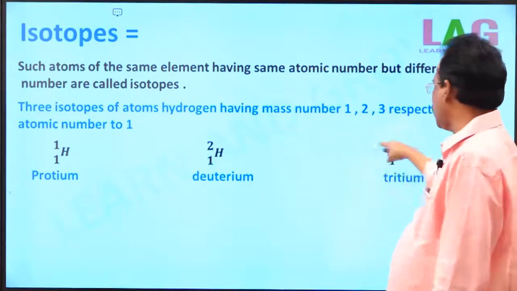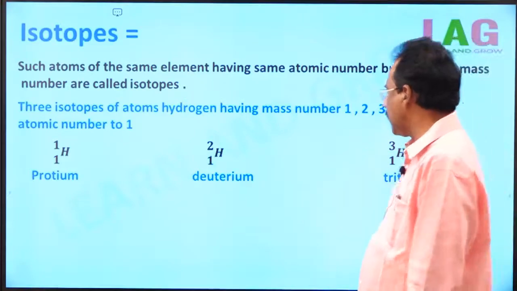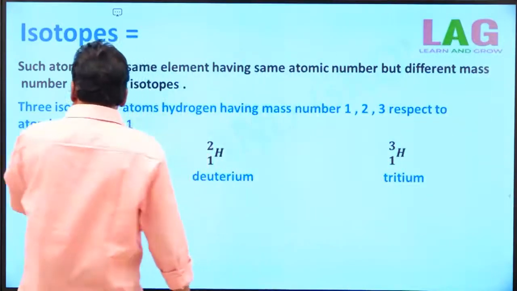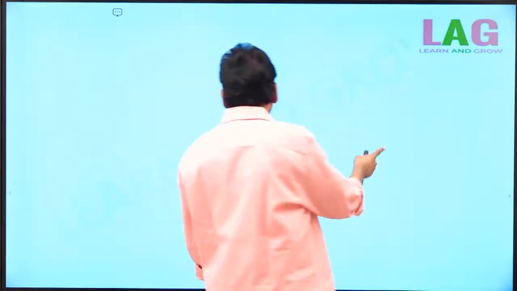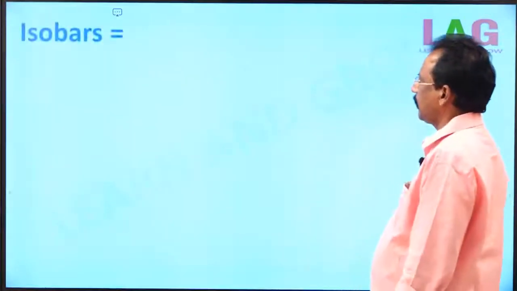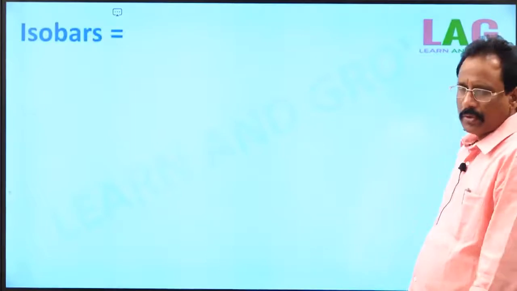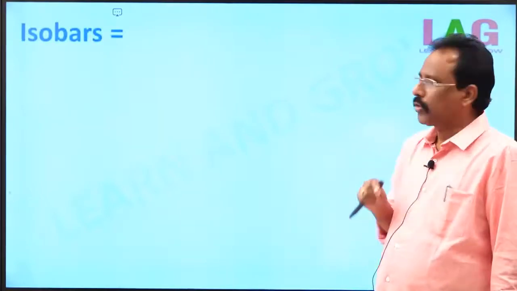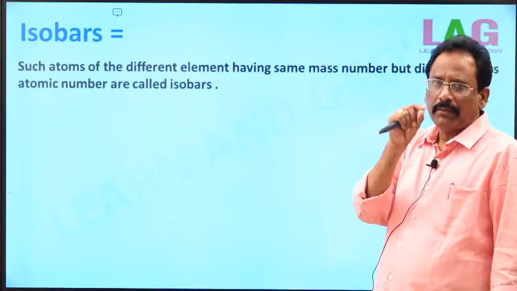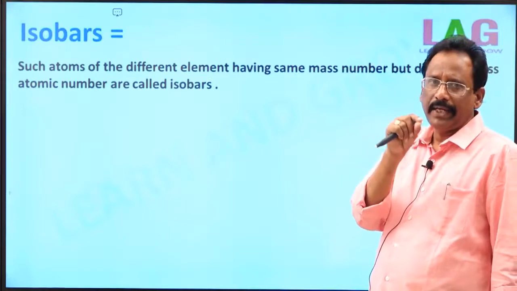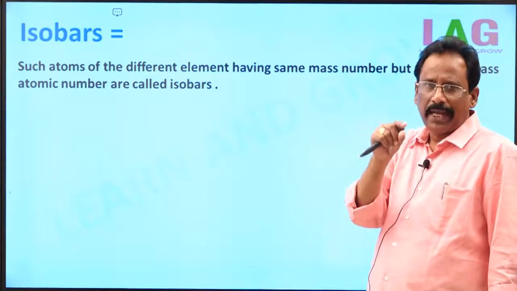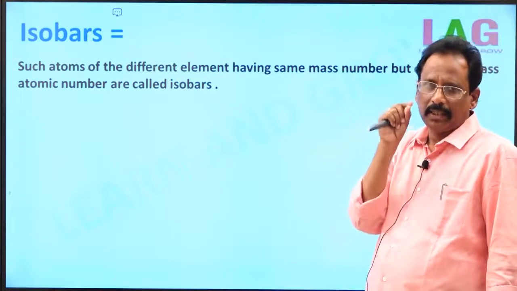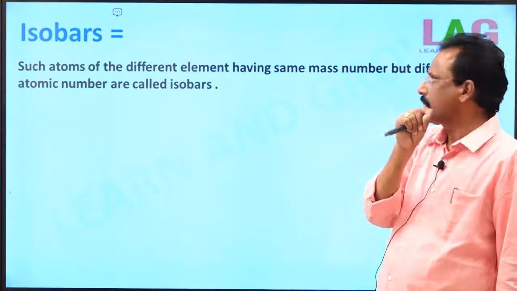For these 3 isotopic forms the atomic number is the same, atomic number 1, but there is a change in the mass number. So isotopes means atoms of the same element having different mass numbers. Isotopes have the same atomic number, that's why their properties are also similar.